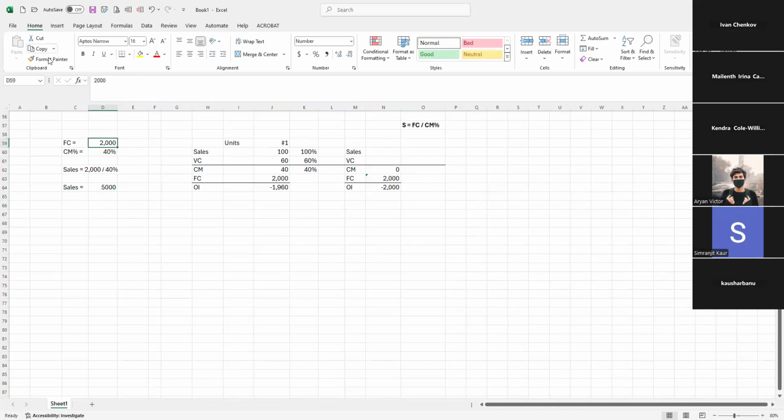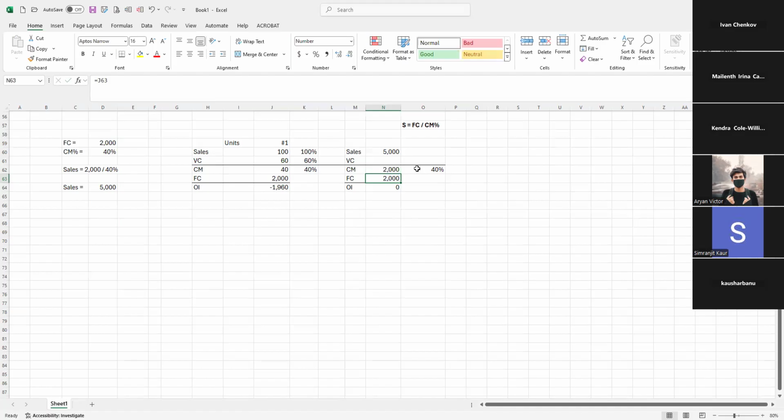And the sales that I have to achieve should be equal to $5,000. Only and only when I achieve $5,000 and 40% is my contribution margin ratio, that contribution margin ratio is going to generate from the sales $2,000, which will be enough to cover my fixed cost and become zero.